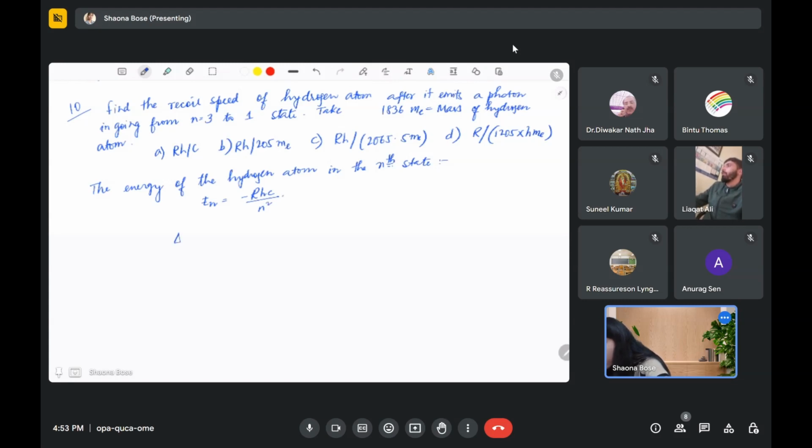So therefore the energy relevant to this transition will be minus RHC times (1 minus 1 by 3 square).